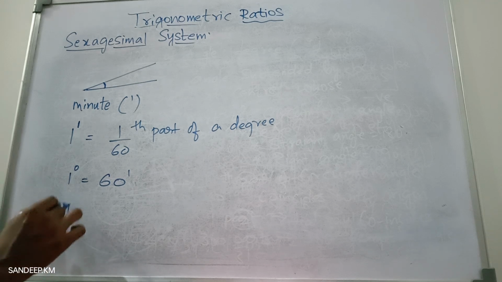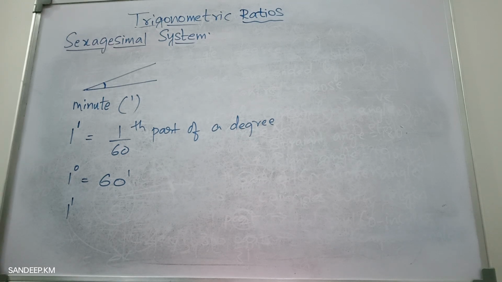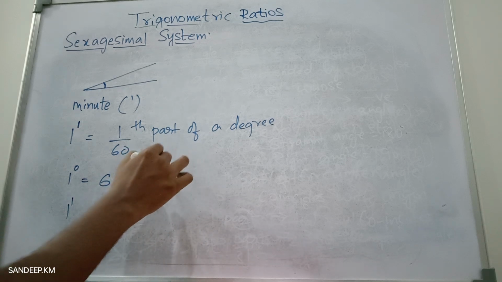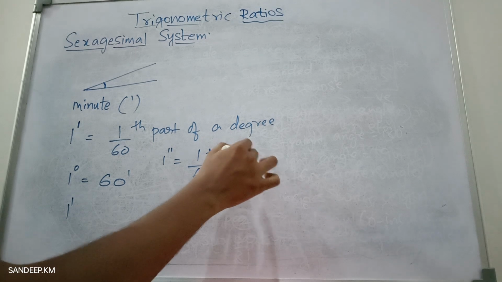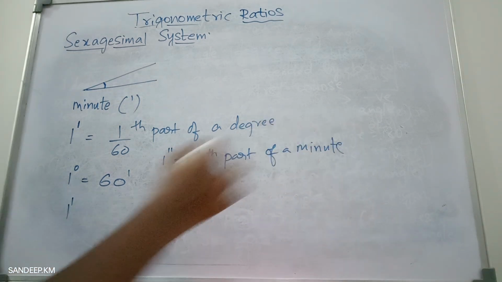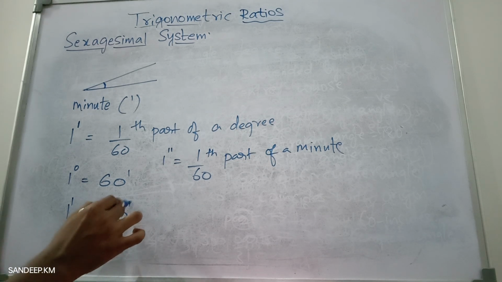In the same way, take 1 minute and divide it into 60 equal parts. Then each part is called a second. So what is 1 second, dear students? 1 second is 1/60th part of a minute, or 1 minute is equal to 60 seconds.